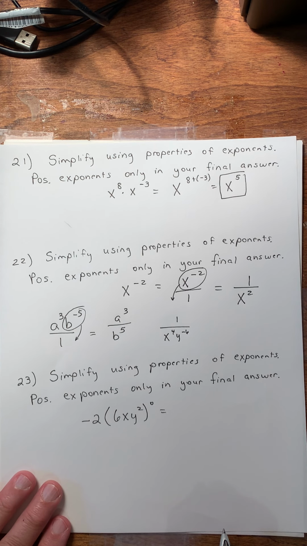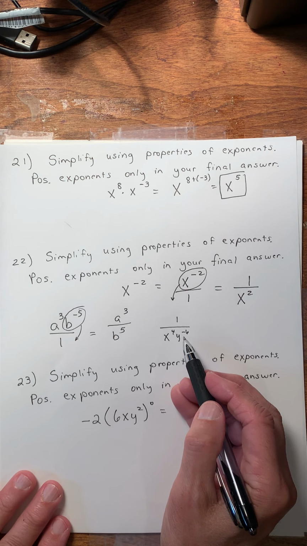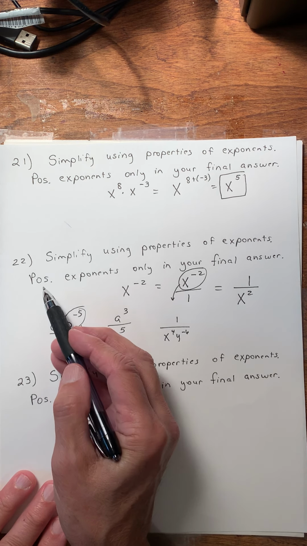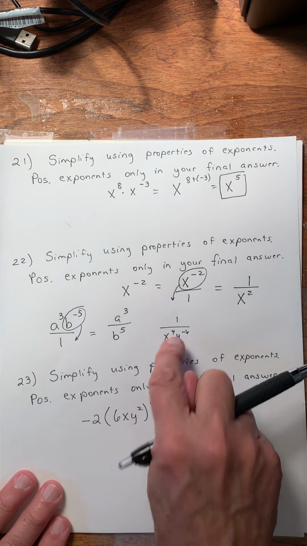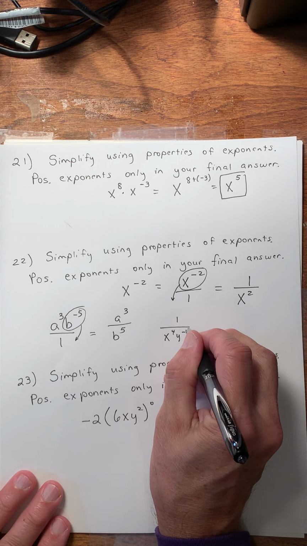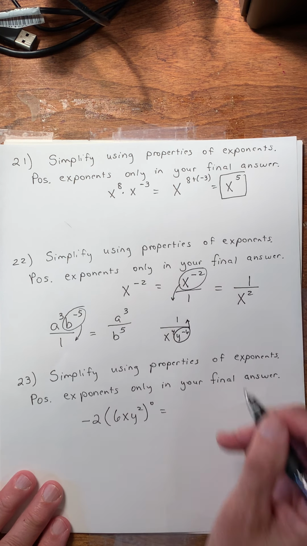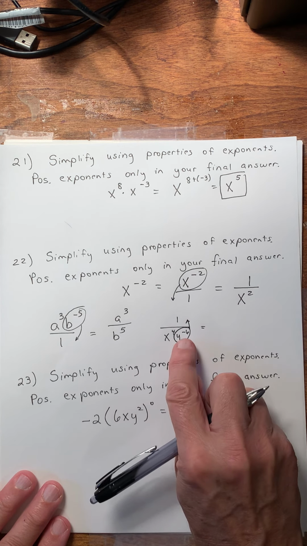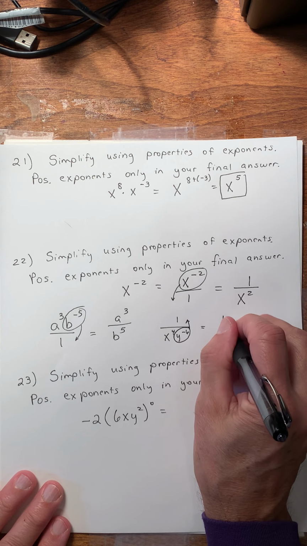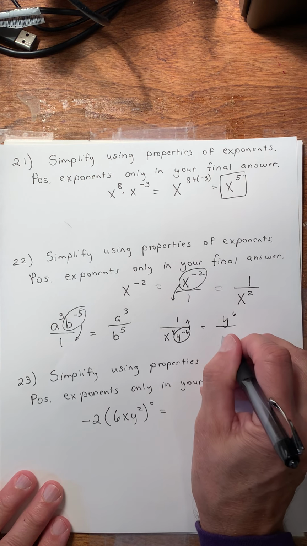Yeah, how about that? Hey, there's a problem. That's the part that is not simplified because I only have positive exponents in my final answer, so this cannot be a final answer. But I do the same thing. Move the factor to the other part of the fraction and change the sign of your exponent. So this would be y to the 6th over x to the 4th.